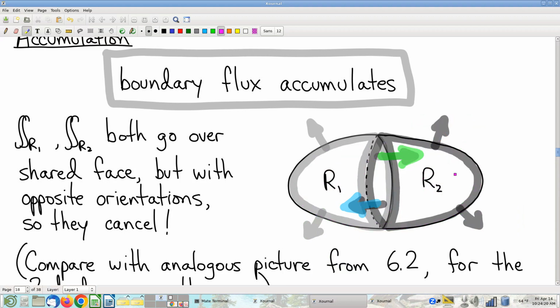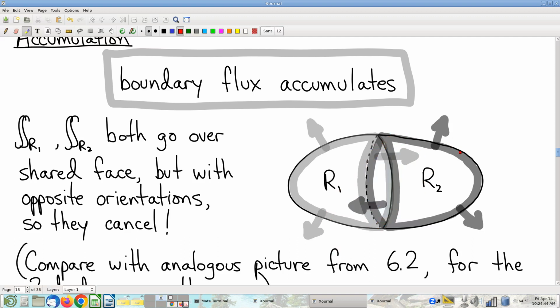And all we're left with then is this one shared face. That shared face, we're going to be computing flux on twice: once as part of the boundary of R1, once as part of the boundary of R2. Specifically, we're computing it twice with opposite orientations. They cancel. Poof, it goes away.